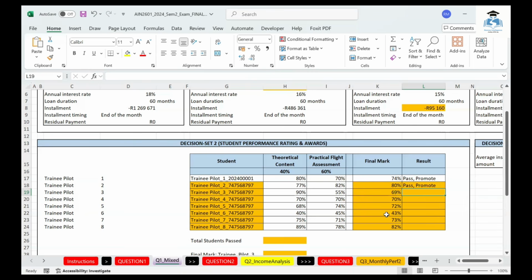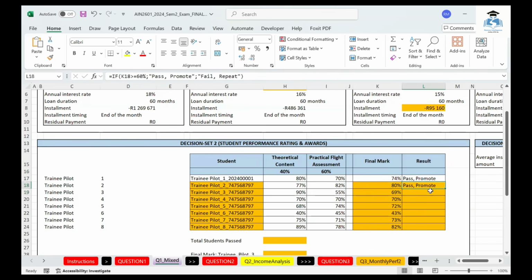You see? Did you see that? If I didn't want to type 60% here, I would use this cell instead. It's still applicable, but I have to make it an absolute value.